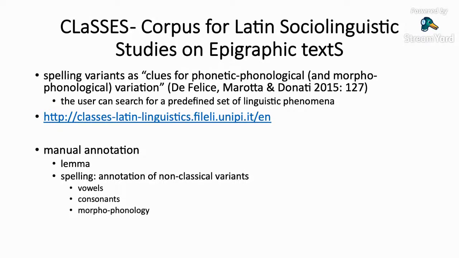And the annotation is done manually for lemma and spelling, and the user can search for a predefined set of linguistic phenomena. So once again, you can follow the link and explore this project.